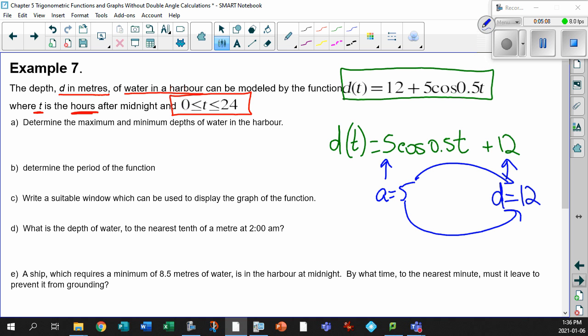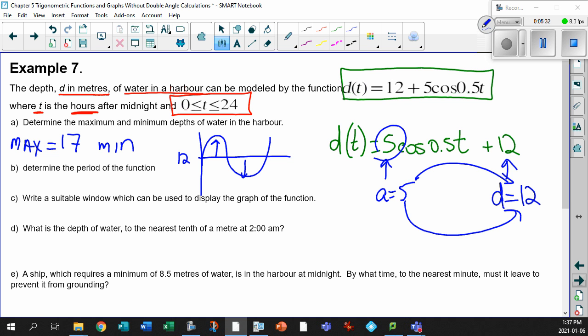There's the d value, which is 12, and the amplitude of adding 5 to it and subtracting 5 from it. So 12 plus 5 means that my max is going to be 17. And our min, 12 minus 5, is going to be 7 meters.